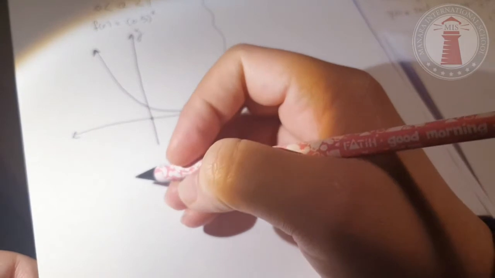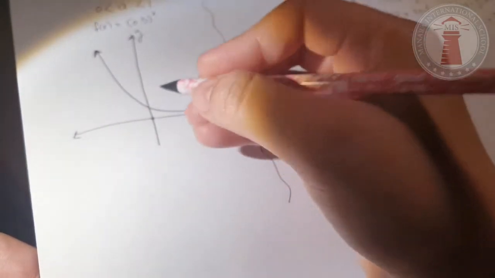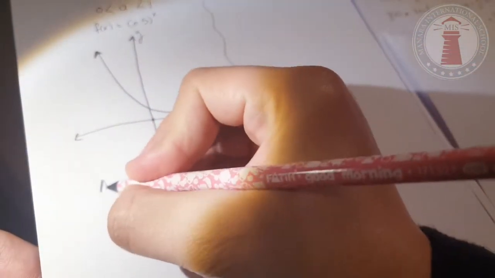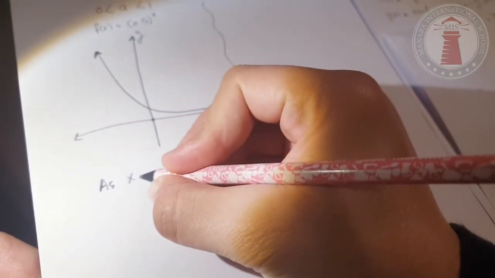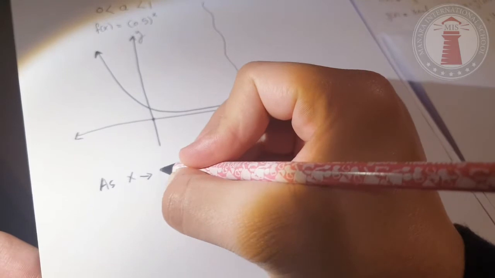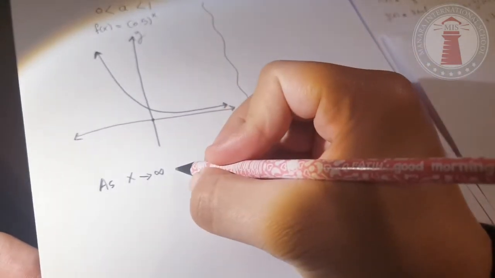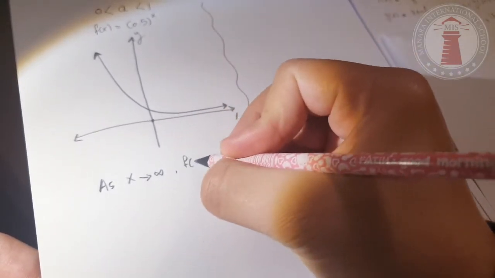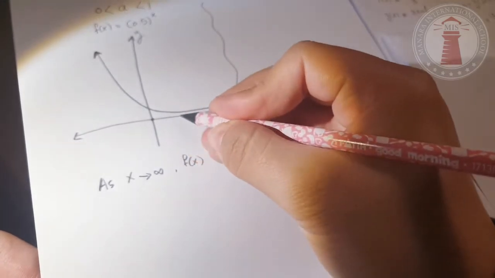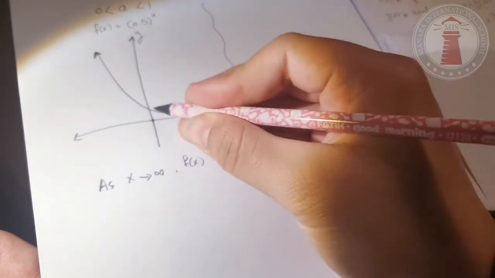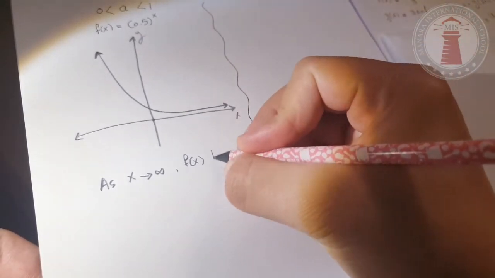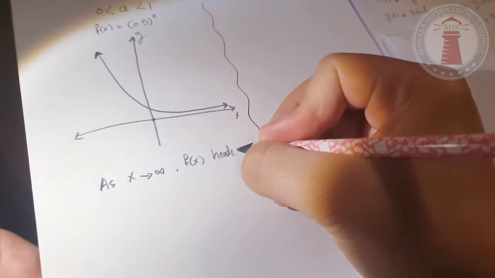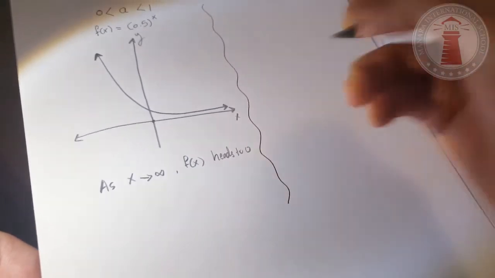So here for the behavior of this function, as x is increasing, which means as x is approaching infinity, what will happen to f of x? Here, look, when x values are increasing, what's happening to the y? It actually approaches or heads to 0.